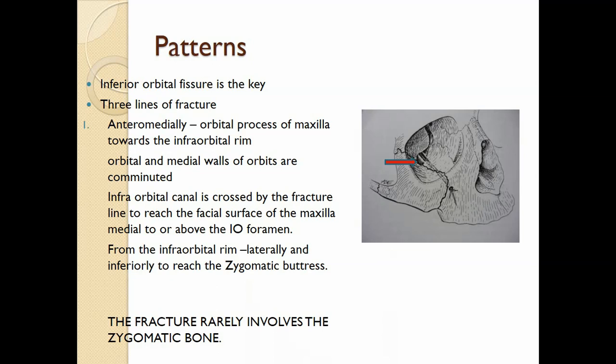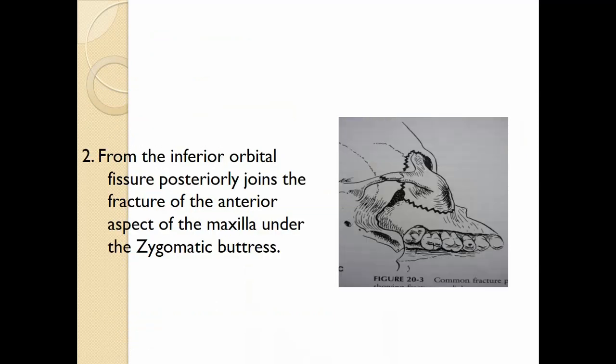So the fracture might go inside, above, or below. From the infraorbital rim it goes laterally and inferiorly to reach the zygomatic buttress. The fractures rarely involve the zygomatic bone itself; it is a very rare case to see the fracture line on the zygoma.